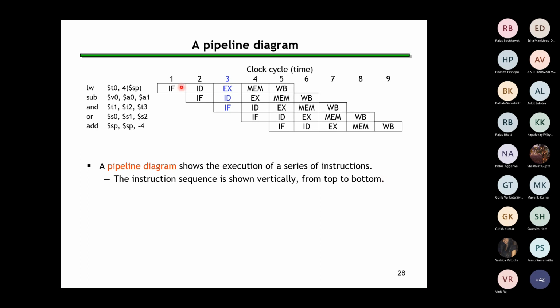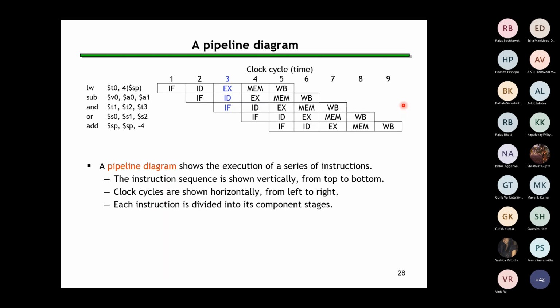The instruction sequence, as you can see, is shown vertically, and the timing is shown horizontally from left to right. Each instruction is divided into 5 components, as in MIPS, and there are specific hardware modules for implementing each of these stages. There is overlapping of instructions in a particular clock cycle.